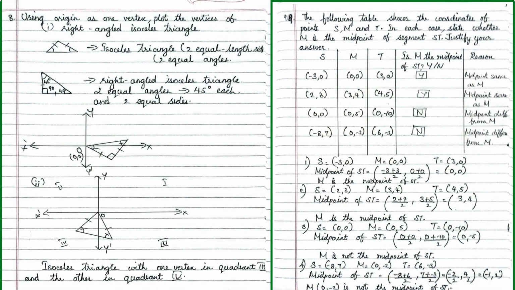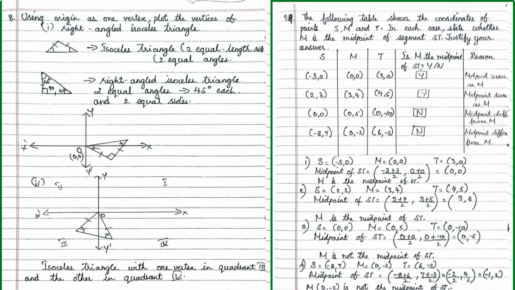8. Using the origin as one vertex, plot the vertices of a right angled isosceles triangle. Let's look at the definition of an isosceles triangle. An isosceles triangle has two sides which are equal, and the angles opposite those sides are also equal. The two angles are equal and two sides are equal in an isosceles triangle.